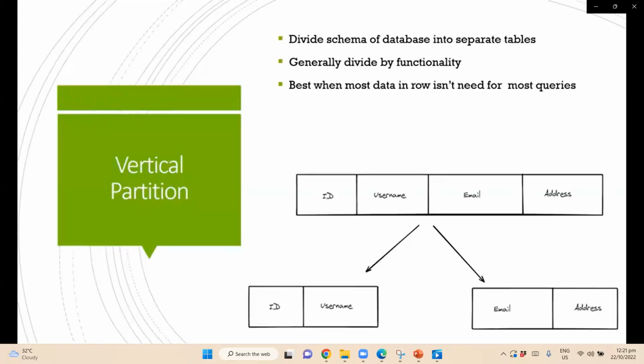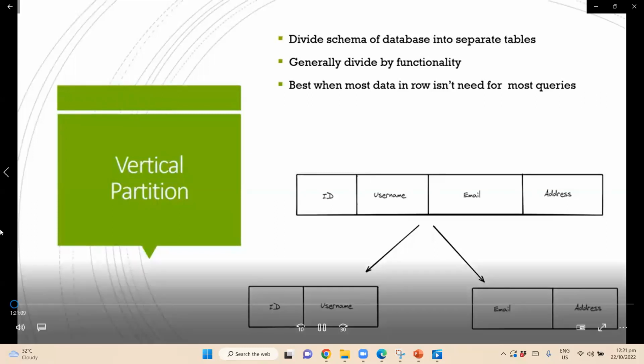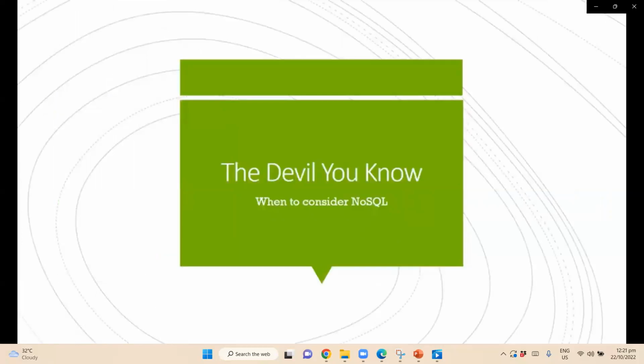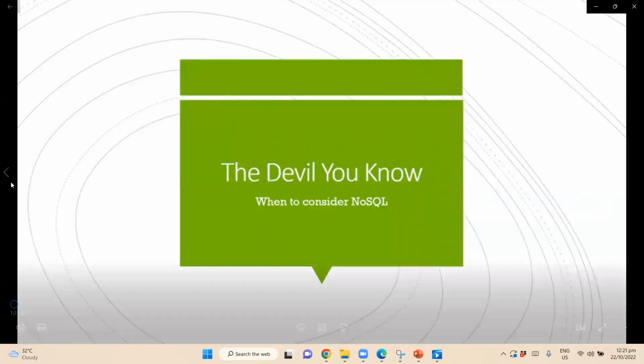Generally, this is easier to implement than sharding, but the downside is that you could potentially end up having to shard or horizontally partition anyway, and then it can get really complicated because you've already vertically partitioned, and even though you tried to avoid it, you still have to shard anyway.